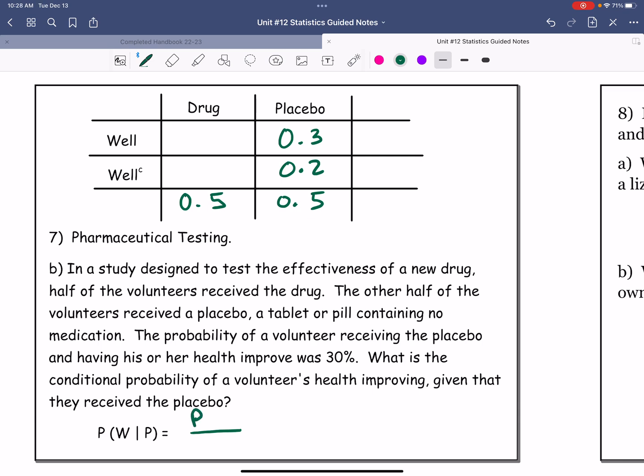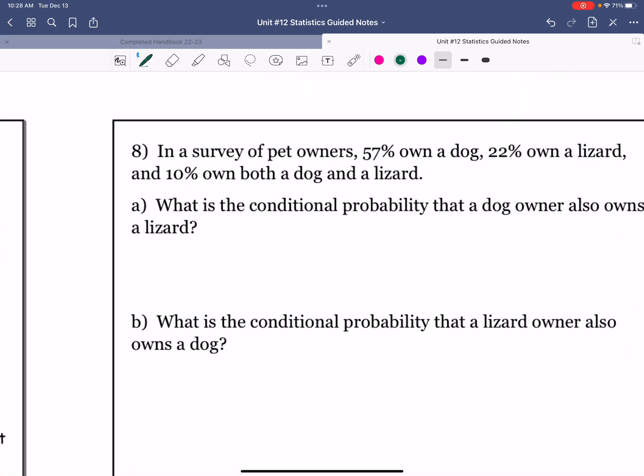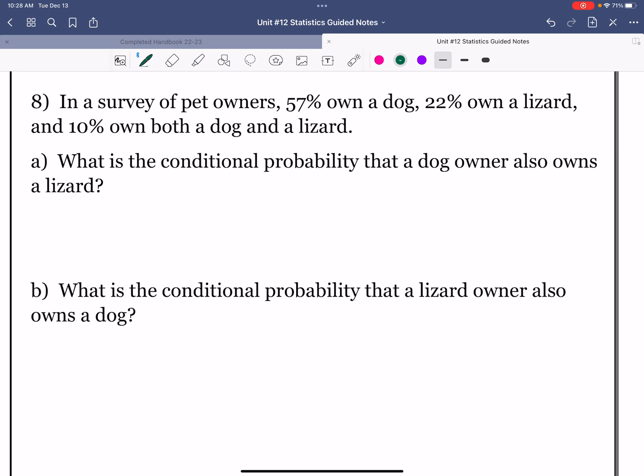That would be interesting to know. We look at well and the placebo over the probability that they received the placebo, which is 0.3 over 0.5, which is 0.6, 60%. That's pretty good. Not bad. Okay, press pause, try this on your own, and press play when you are finished.